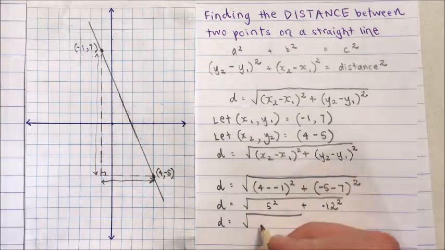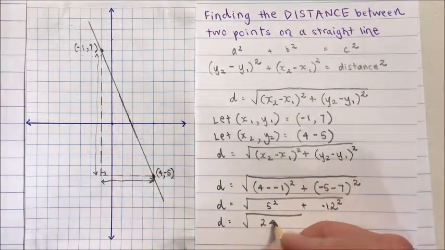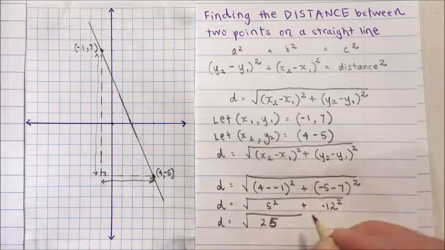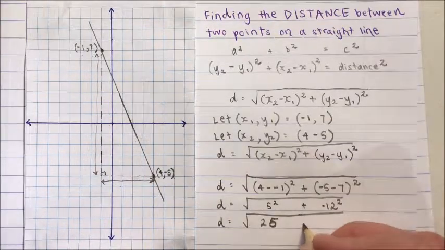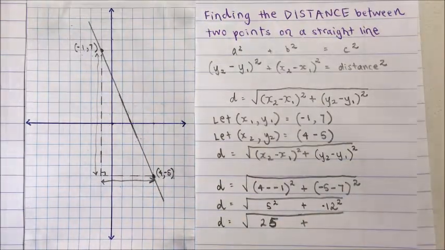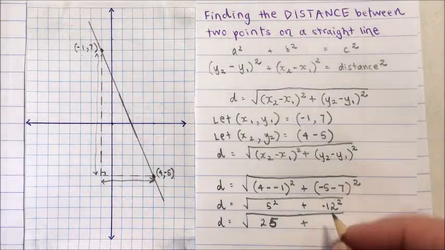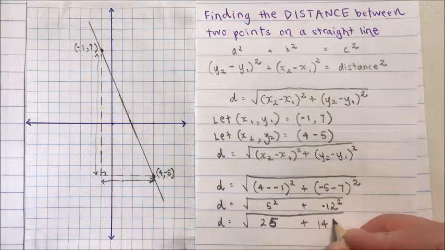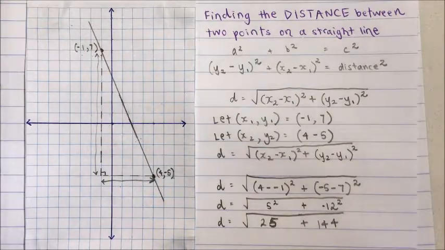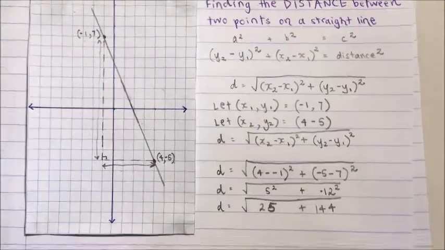And we end up with the distance being the square root of 25 plus 144. So I'll just shuffle this up.